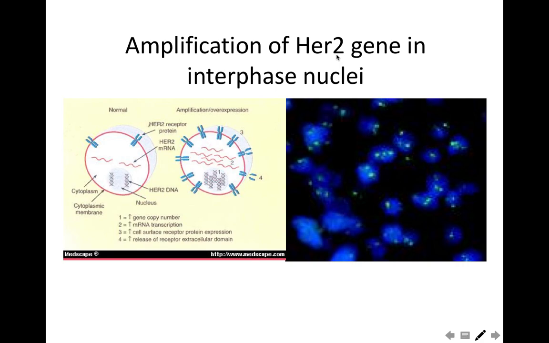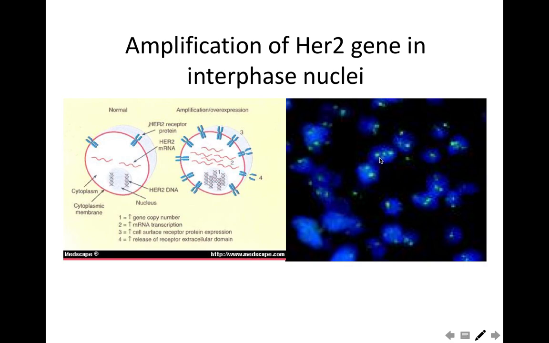Here we have the HER2 gene. It's a gene that has a role in cell division. So if the copy number is increased, this can be detected by the fish. Again, it can be detected on non-dividing cells in interphase nuclei.